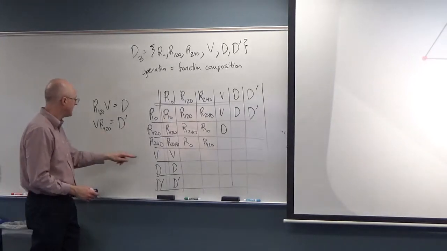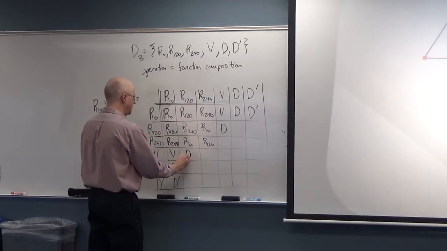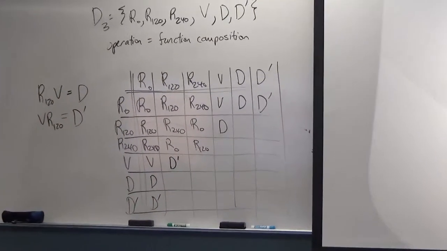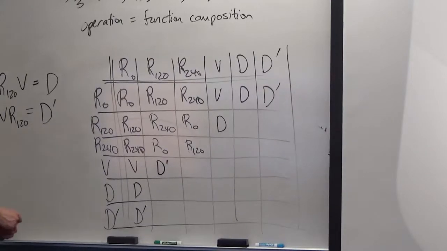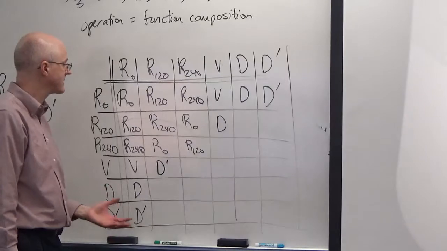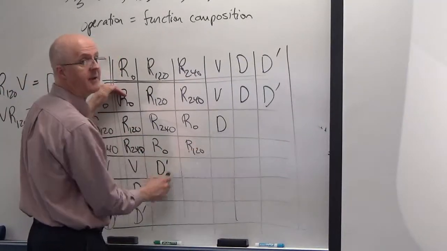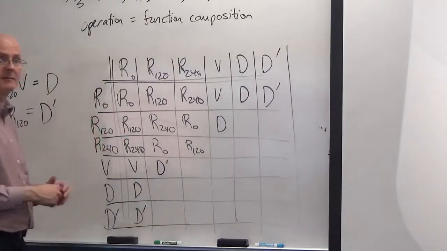V R120, go to V here and R120 there. They meet right there. D prime should go there. Right away you see the matrix is not symmetric now. Across the diagonal here, D prime and D are not the same. This is a non-abelian group.